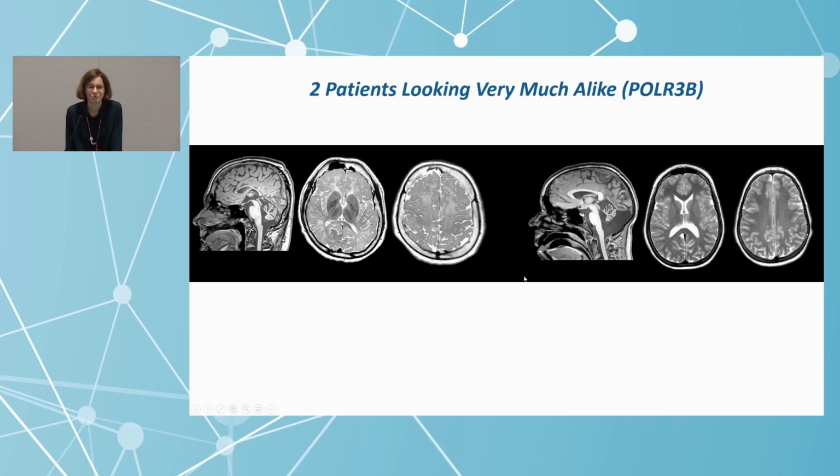And who of you thinks both of them are similar in their neurological severity? No, not. Who of you thinks this one is more severe? This one, the hypomyelinating one. Yes, but I'm guessing you're going to say no.